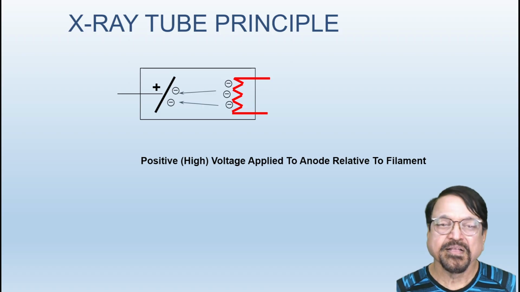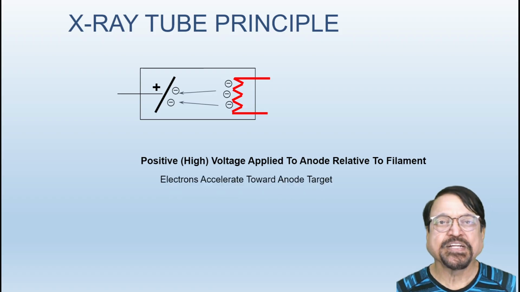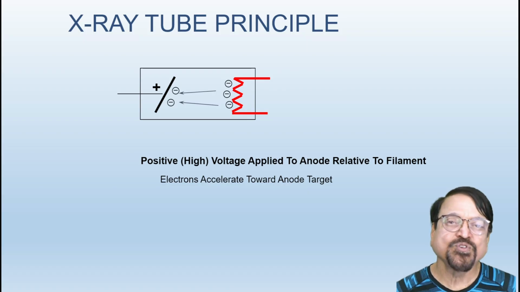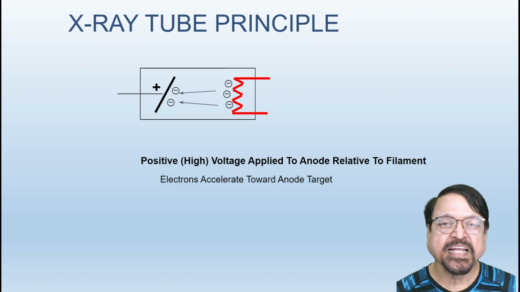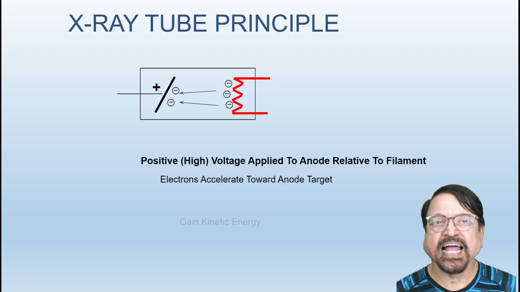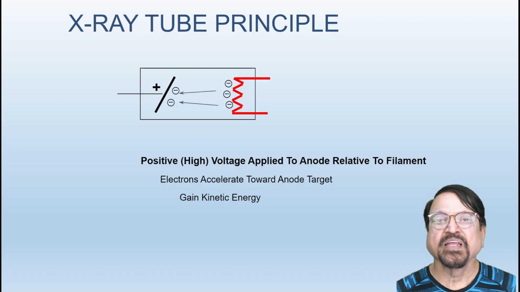Now the positive voltage applied to the anode is related to the electron acceleration from the filament towards the target. The basic aim is that they should be targeted, they should be accelerated, and they should hit only the area which we want.